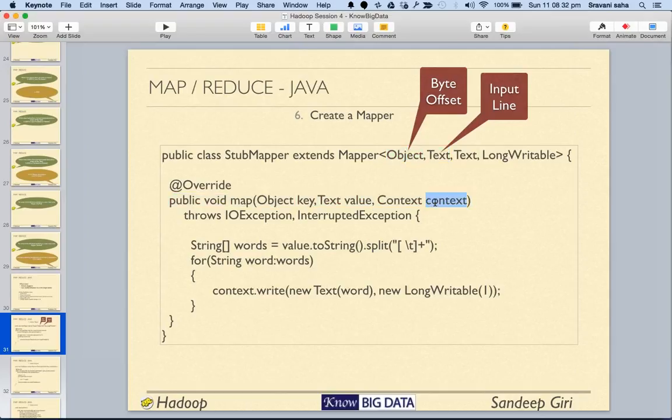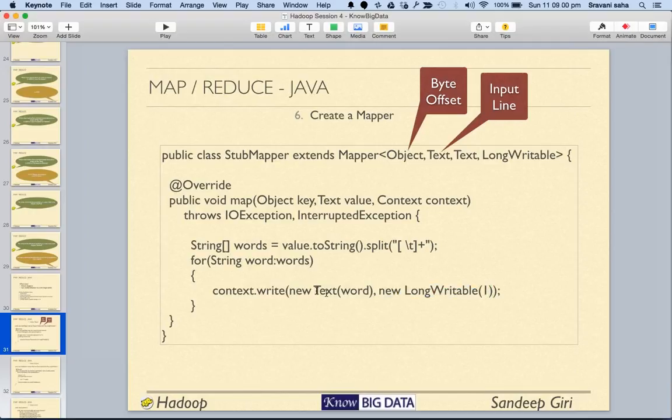Along with that, there is one interesting object called context. This context object does a lot of things for you. First and foremost, this is the object which will collect keys and values from you. Meaning the key and the values you will have to write into context. You will say context.write, here is my key and here is my value.